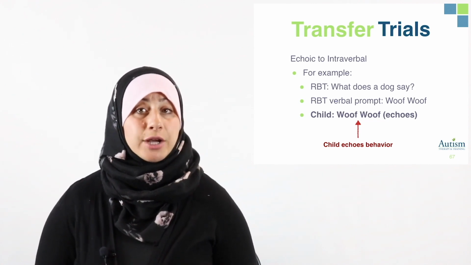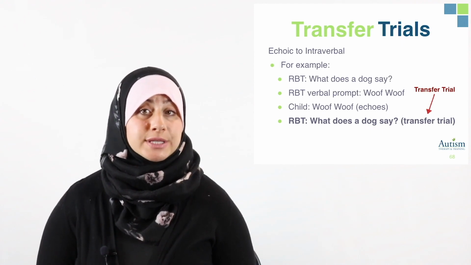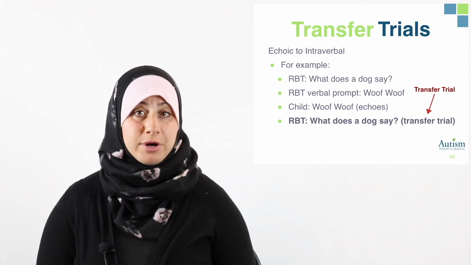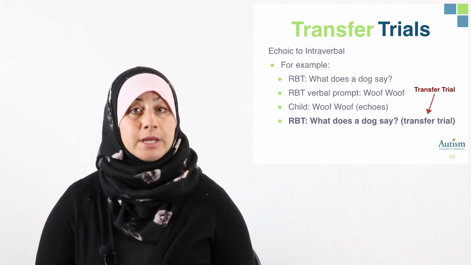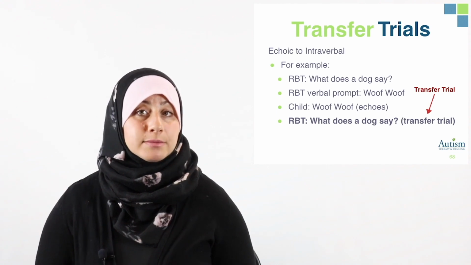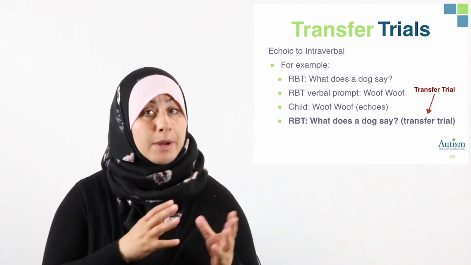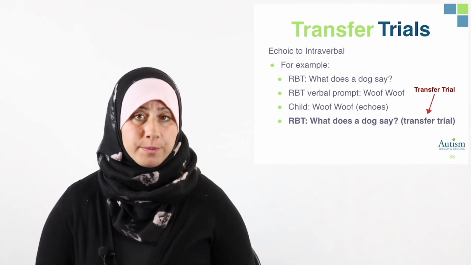So the learner must echo and say, woof woof. Once the child echoes, the RBT can repeat the SD again. This is our transfer trial. It's transferring from the echoic to the intraverbal. Tell me what a dog says, so that I can evoke an independent response, fading my prompting and allowing the learner to answer without my help.